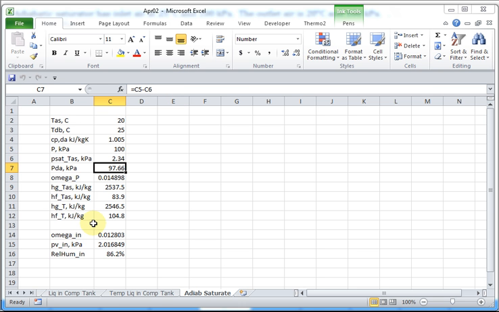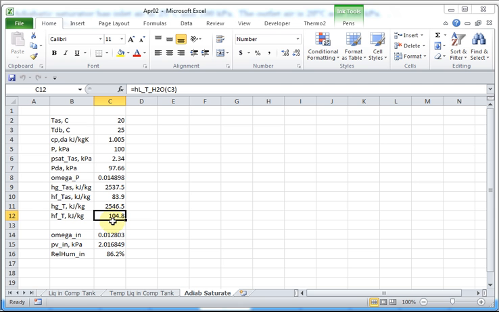And then the dry air pressure is 100 minus that, so it's cell C5 minus C6. And then you compute omega prime. So I know the omega because it's saturated air going out. And then the Hg, you call or look up in a table, Hf at the adiabatic saturation temperature, Hg at the inlet temperature, and you really don't need this one.